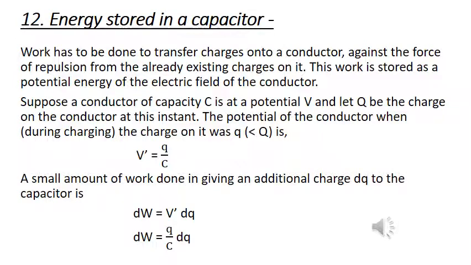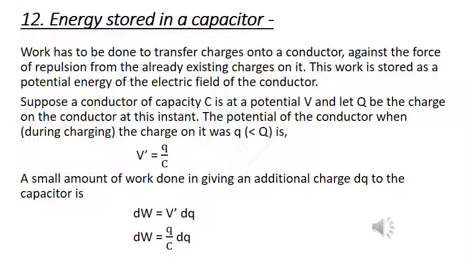Next topic is energy stored in a capacitor. As we know, a capacitor is an arrangement for storing a large amount of charge and hence electrical energy in a small space. So here we are going to find out the amount of energy that a capacitor can store.